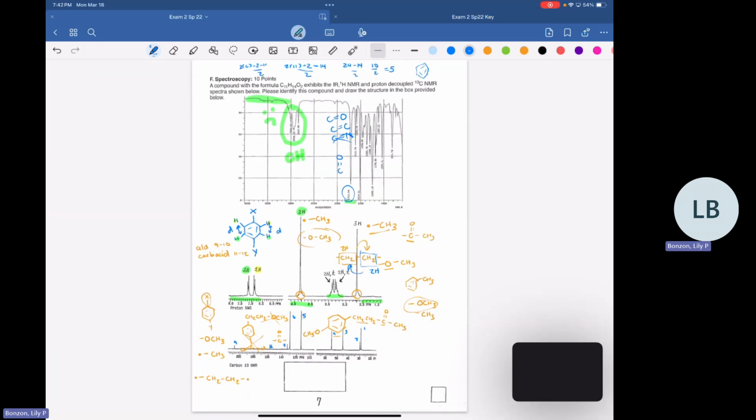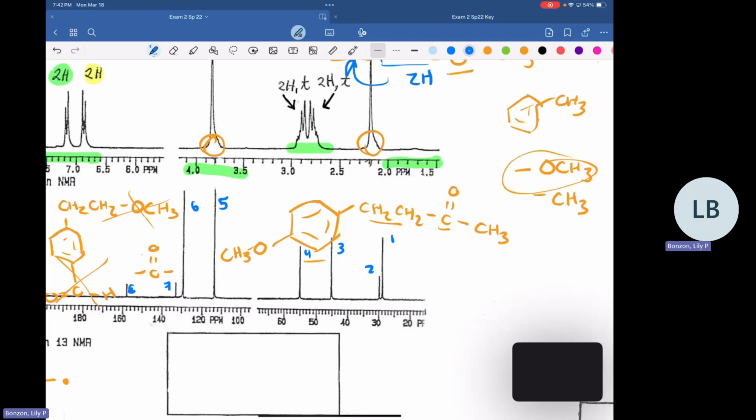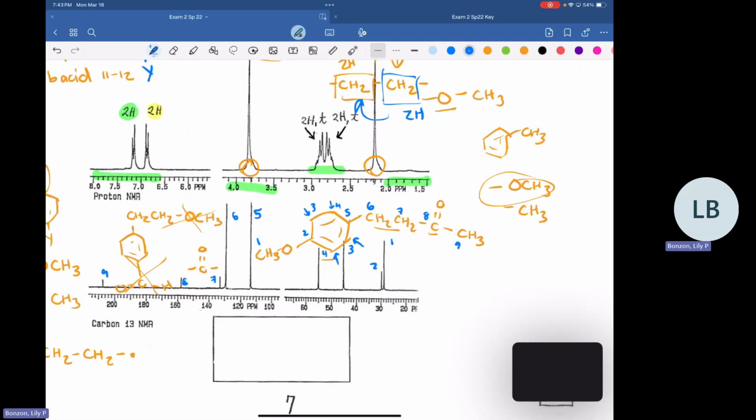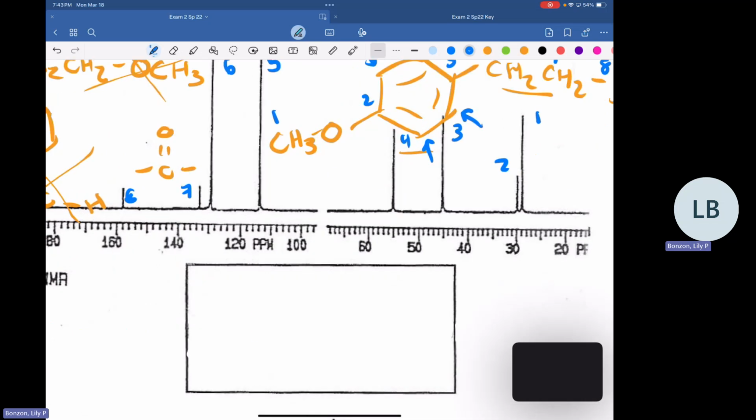We have 11 in our structure, but this is fine because these carbons here are going to be equivalent because of the symmetry of the ring. So we've got 9 different carbons. We did our proton NMR. Everything looks pretty good. So I'm going to put this as my answer in the box.